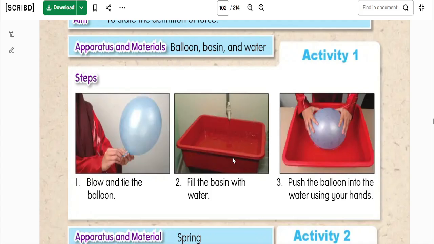In this activity, what would you be observing? What do you think?